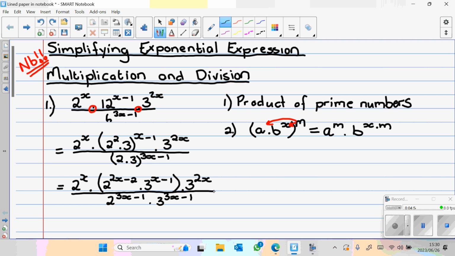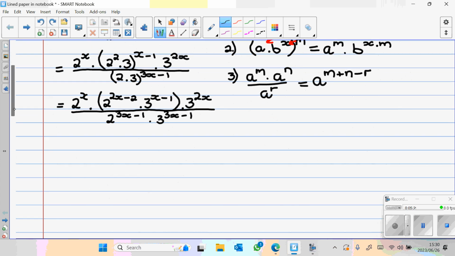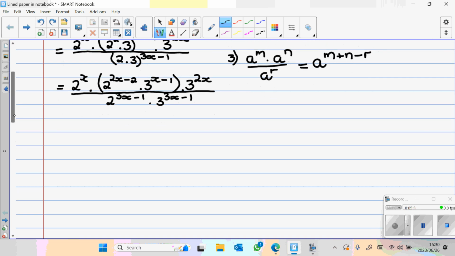Now remember, the law says if you have ground numbers that are the same and they are multiplied, then you add. And if you have a division, then you subtract. Okay? So in other words, I'm going to apply the first and the second law of exponents, basically.